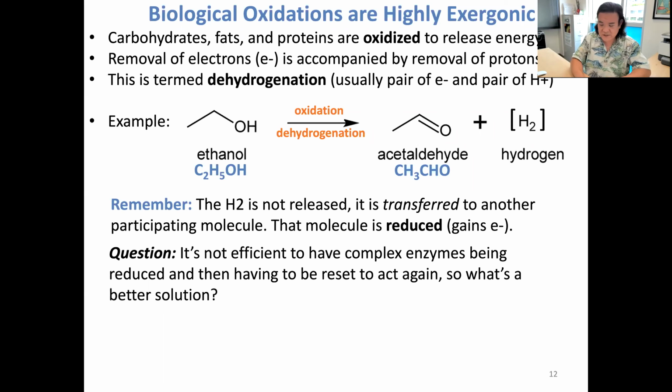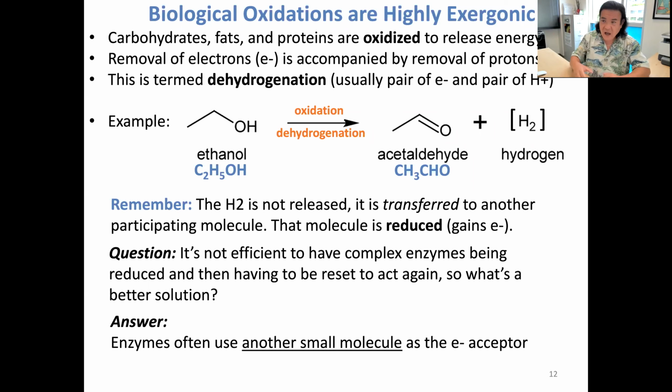So what's a better solution? The better solution is enzymes often use another small molecule as the electron acceptor. In other words, as that enzyme is taking electrons off of a substrate, those electrons don't end up on the enzyme itself.